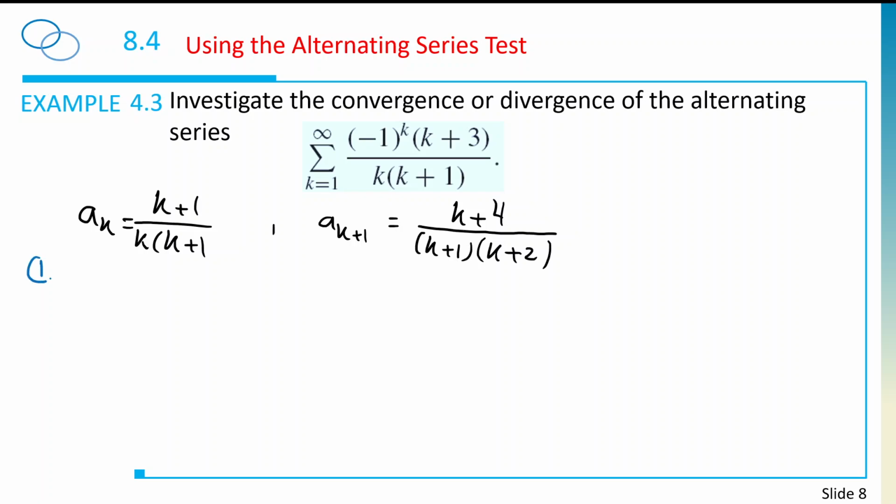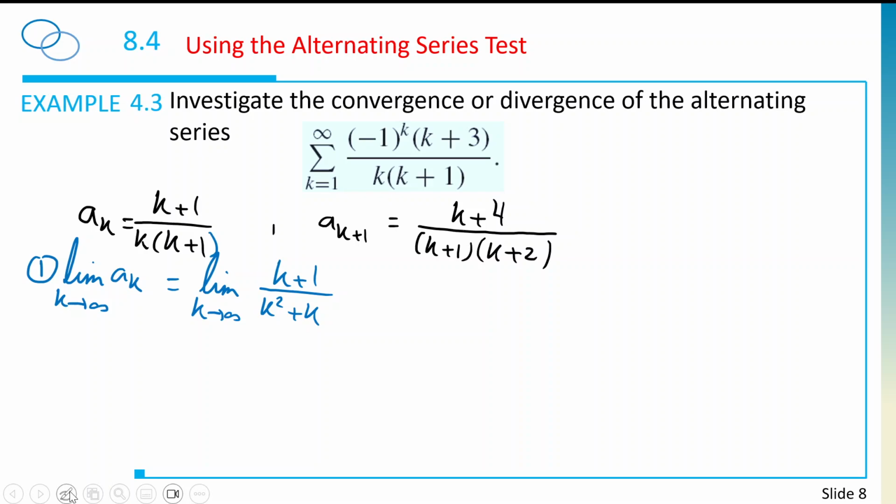I need to check first that the limit of a_k as k approaches infinity equals what? This is the limit of (k+3) over k squared plus k, if I expand. If you check this limit by direct substitution, it will give you infinity over infinity. So remember the rule: we multiply by 1 over k to the highest power in the denominator.